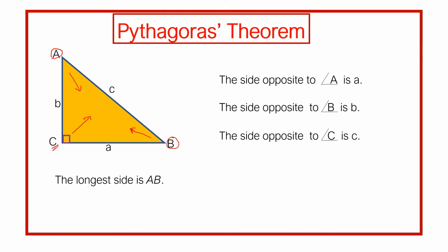So the longest side is AB. And now we call AB the hypotenuse of triangle ABC. So the hypotenuse is the longest side of the right triangle.